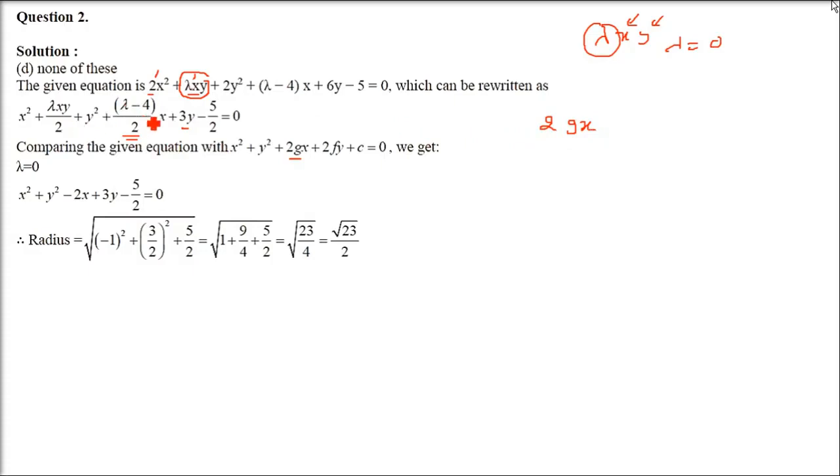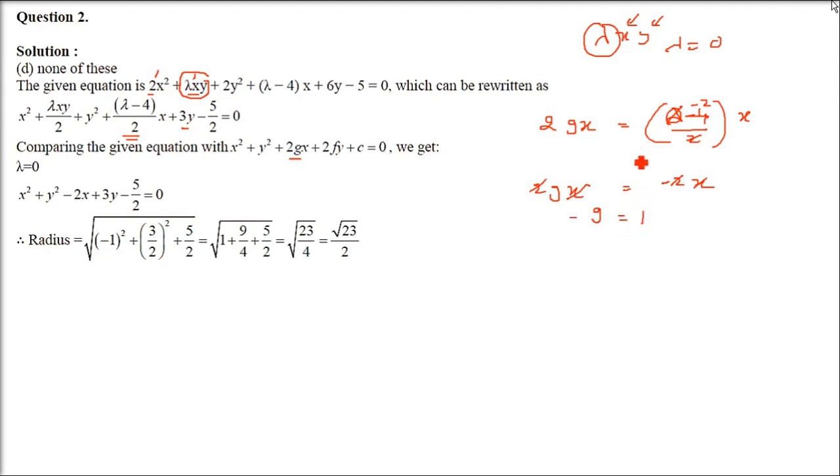When you now do this comparison, 2gx equals lambda minus 4 by 2, what do you get? Lambda is 0, so it will be minus 4 by 2, that is minus 2. 2gx is minus 2x. Either you can find out minus g or you can find out g, because the center is not asked in this question.